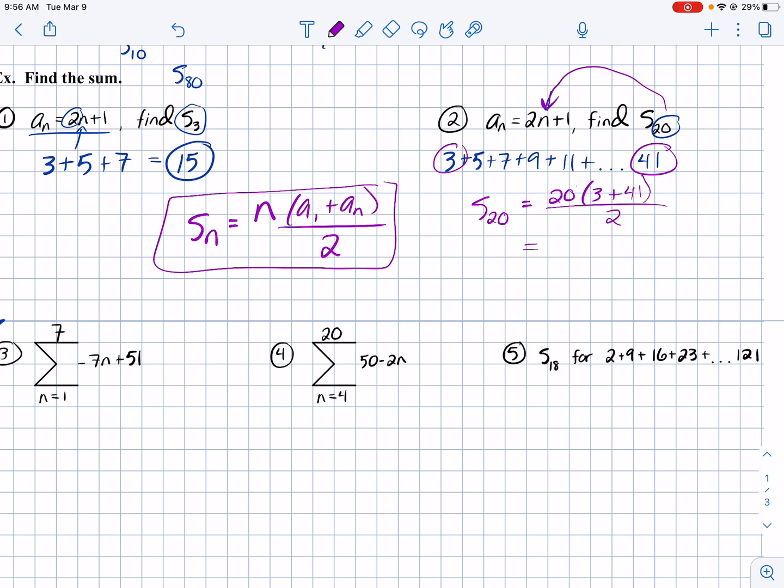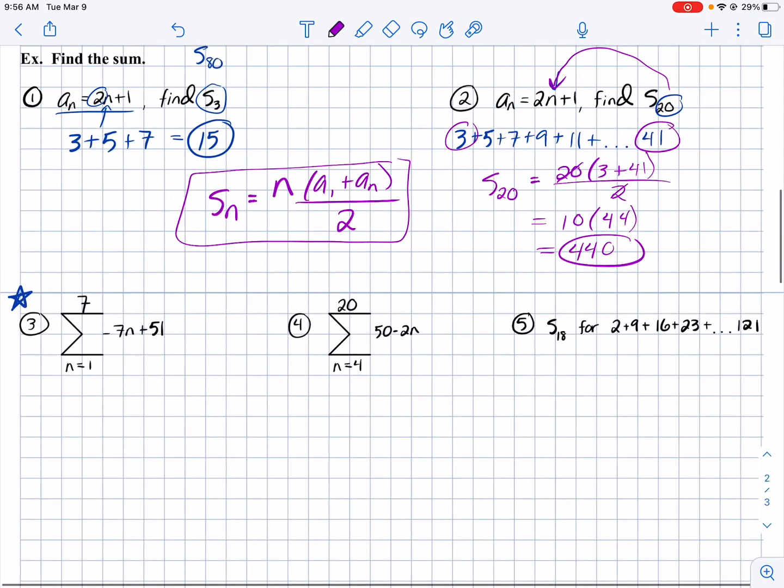Great, so let's just cut the 20 in half, gets us 10. 10 times 44 gets us the sum of 440. Much easier than adding 3, 5, 7, 9, 11, all the way up to 41.